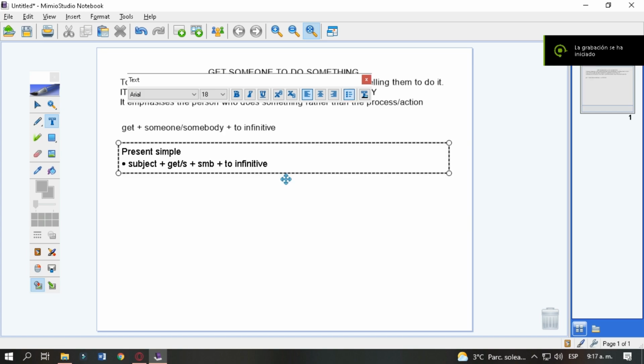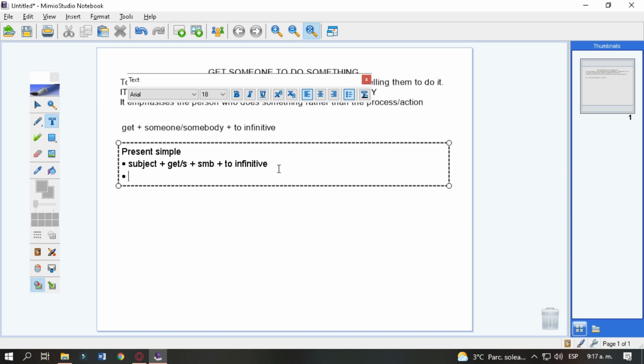So let's start with present simple. For this kind of sentence, we are going to need a subject plus get or gets plus somebody, and the verb in the infinitive, the action that we are getting them to do. Let's see an example.